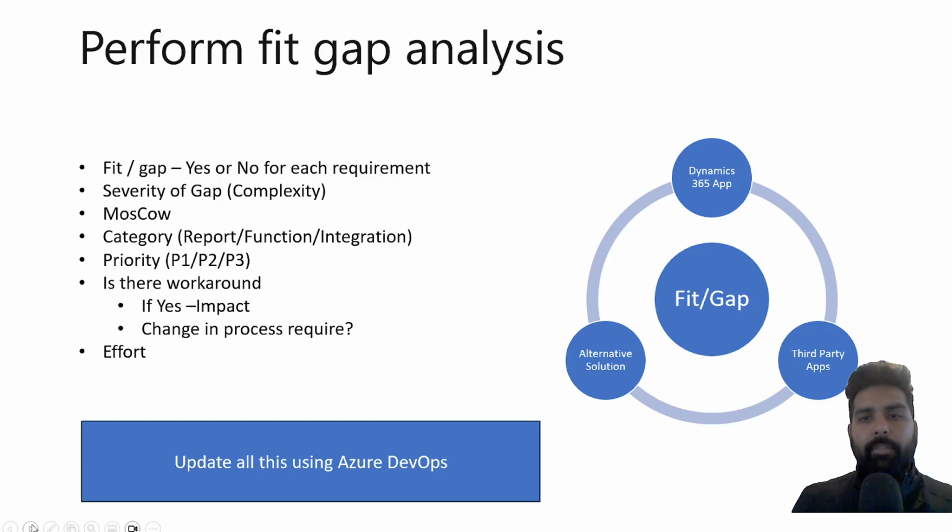Now, when you are doing the fit gap analysis, you might consider certain factors, because when you mark anything as a gap, you also think about how that gap can be fulfilled. Is there a way of achieving this using any Dynamics 365 app?